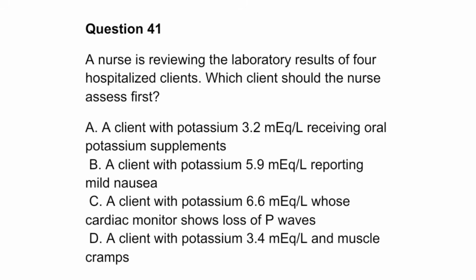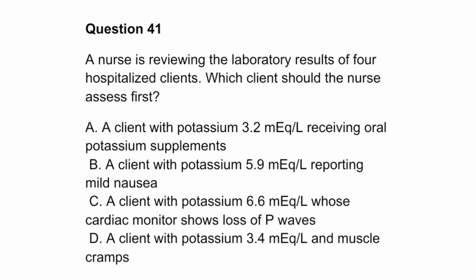Question 41. A nurse is reviewing the laboratory results of 4 hospitalized clients. Which client should the nurse assess first? A. A client with potassium 3.2 milliequivalents per liter receiving oral potassium supplements.